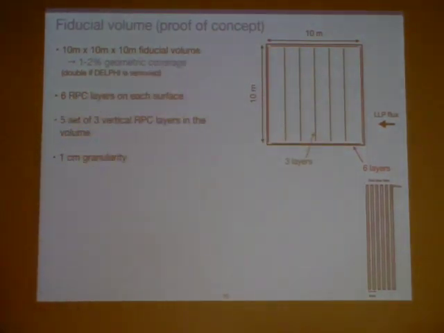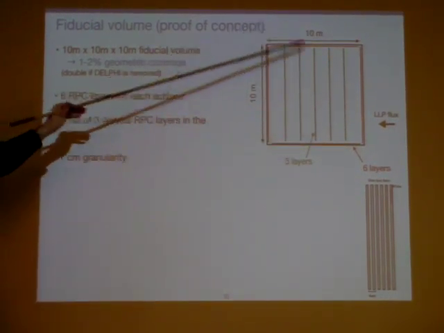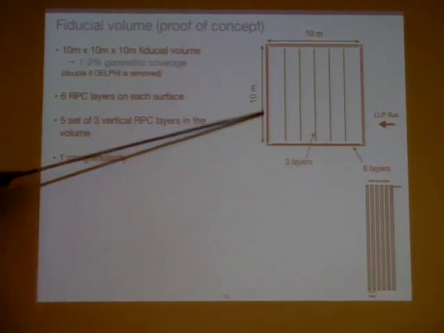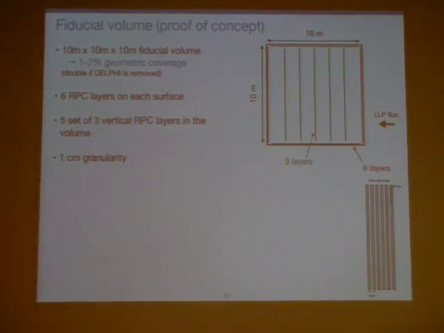Because it's a relatively small detector, you want to reduce the loss of particles going out at wide angles, sideways or even to the back. So you want to instrument every surface. These red lines represent 6 layers of RPC each. You could probably do fewer, but that's just what we picked for a first simulation.